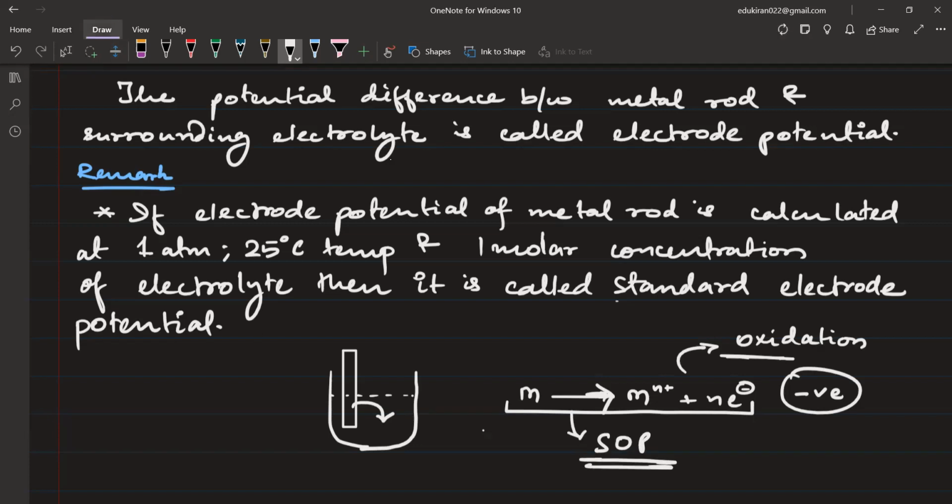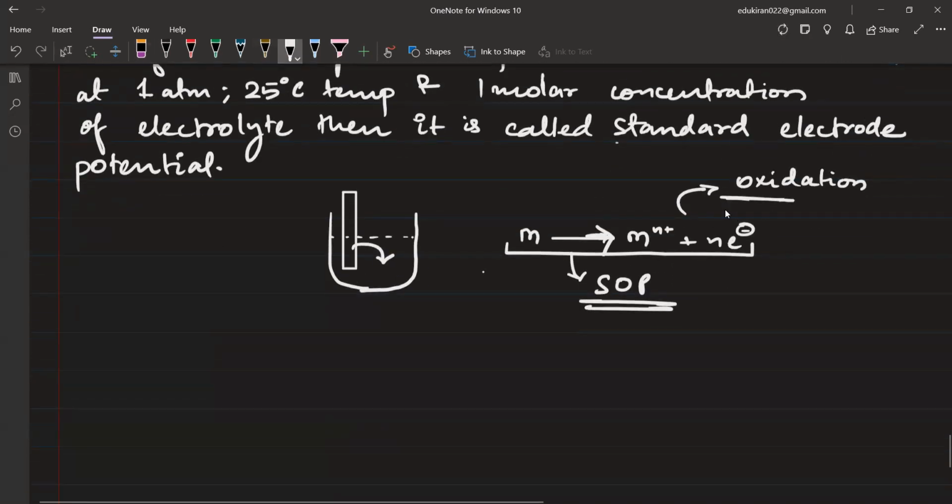Yes or no? Is that right? Yes. Okay, it will be known as standard electrode potential. Fine. Now this standard electrode potential will be measured in terms of volts. And if this particular reaction is spontaneous, then we are going to get electricity.